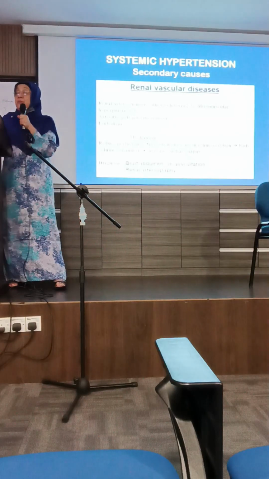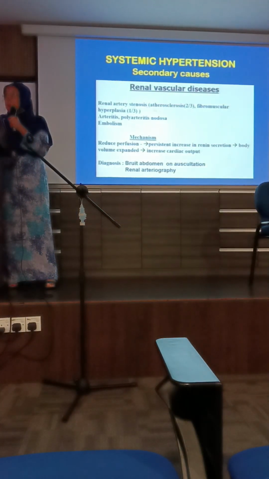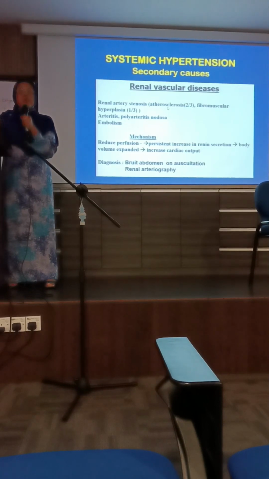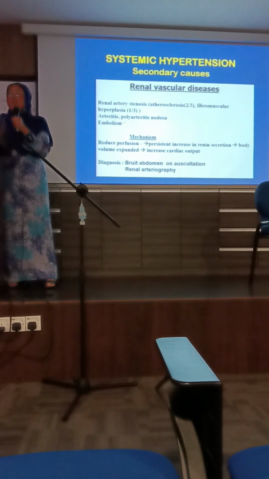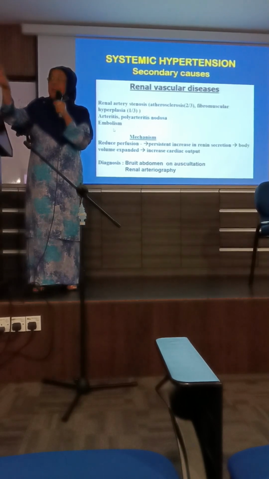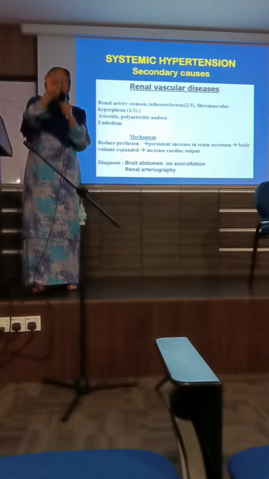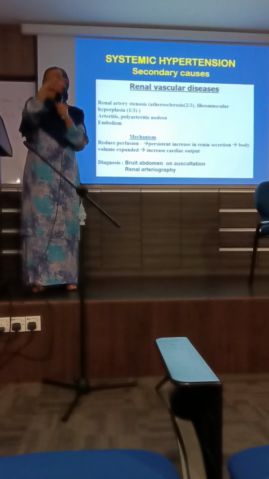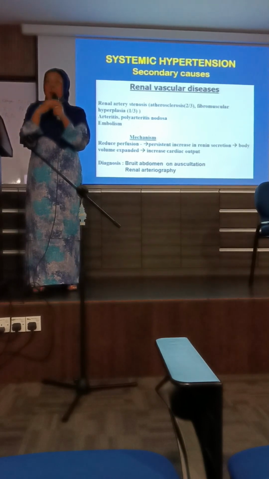One of the diseases is called renal artery stenosis. It can be affected by atherosclerosis, by fibromuscular hyperplasia. It can be an autoimmune disease. There can be embolism. So not necessarily do you have a damaged kidney to reduce the vascular flow, but the arteries supplying blood to the kidney can be damaged.